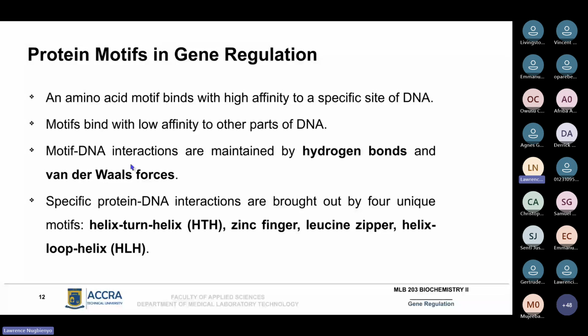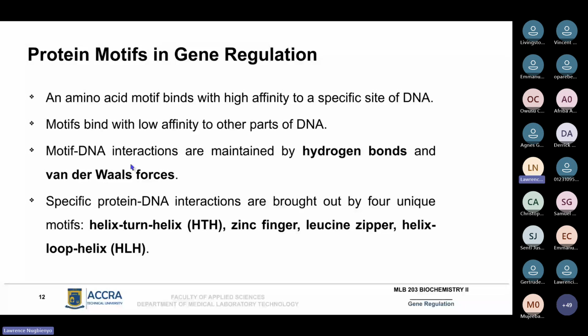It only means a specific portion, a specific part. And usually it's just a few amino acids in the whole protein or polypeptide structure that form that portion, which we refer to as the motif, that interacts with the DNA molecule.